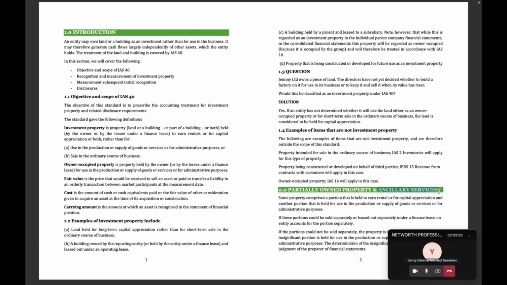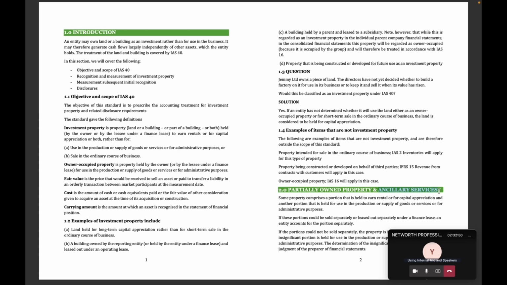It becomes PPE. That's why if you own a hotel, though they are letting it out, all you need is to take your briefcase and enter. Water, soap, towel, everything is there. You just pay. So a hotel cannot be an investment property.